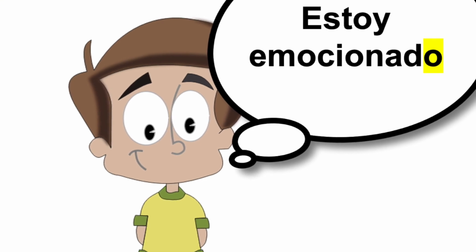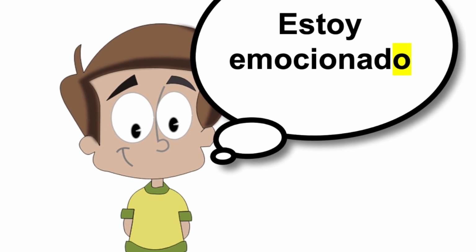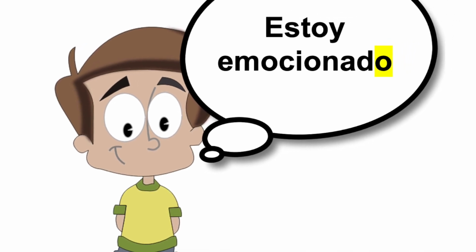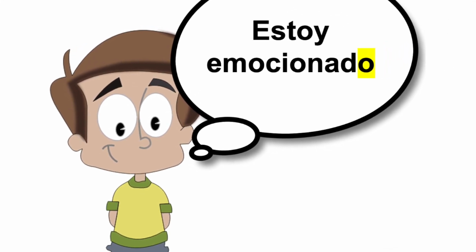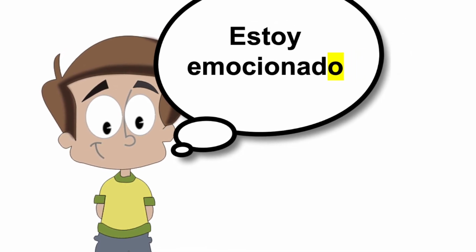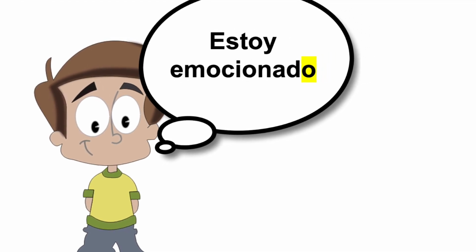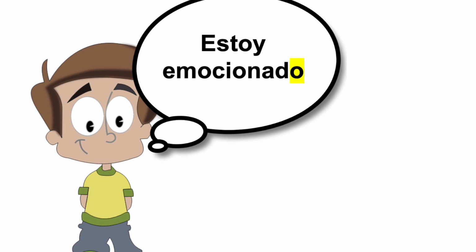For example, our person here, let's name him Rodrigo. He wants to say that he's excited, but look at my highlight. You notice that it's an O, right? Remember, when you're talking about yourself, if you're a boy, you're going to use O at the end. If you're a girl, you're going to use A.